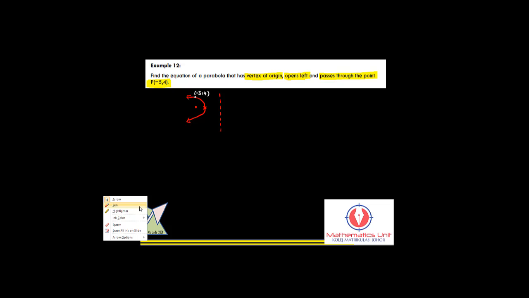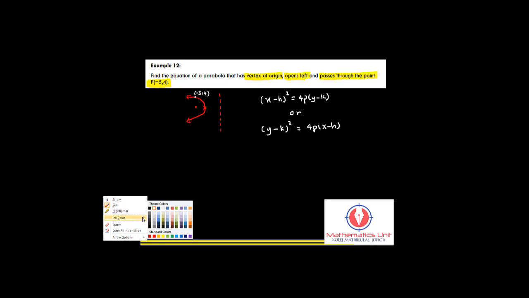By comparing this curve, we get to know that it should be (x minus h) squared equals 4p(y minus k), or (y minus k) squared equals 4p(x minus h). We only have 2 choices. So remember, open to the left, so it will be y squared, and the other is a wrong one.